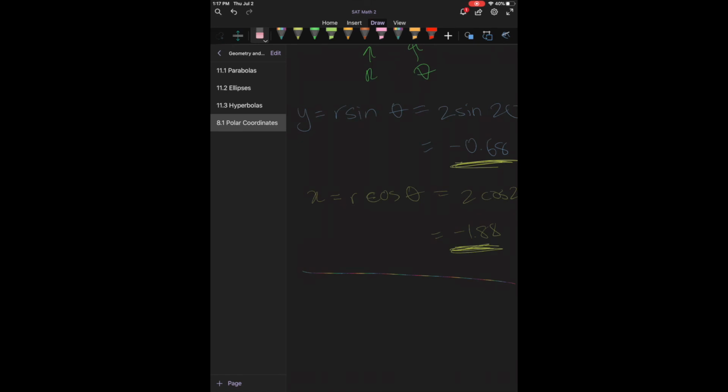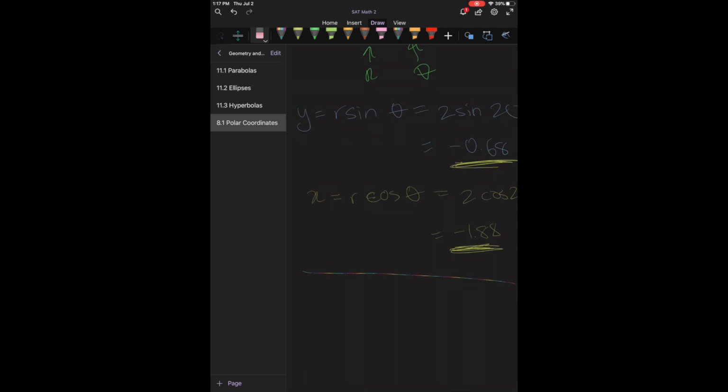And one last thing I have to say here is that if any of the questions have anything about graphs, it would be super helpful to use your calculator. Okay, you're allowed a graphing calculator. And it would be a lot easier to do it on a calculator than to remember what each graph looks like, a flower and all those different little petals.